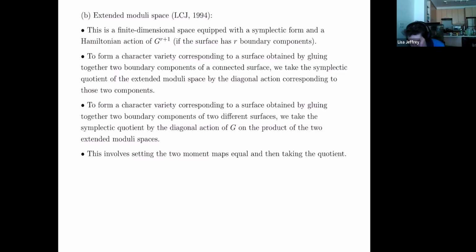To form a character variety corresponding to a surface that you obtain by gluing together two boundary components of a connected surface, we take the symplectic quotient of the extended moduli space by the diagonal action corresponding to those two components. So that's an analog of what's happening in this picture.